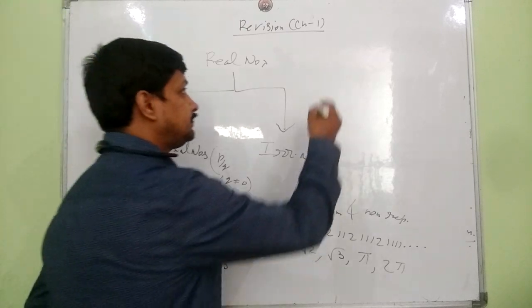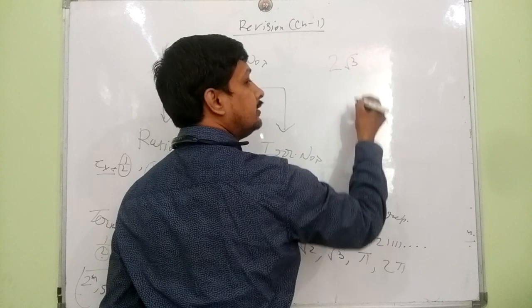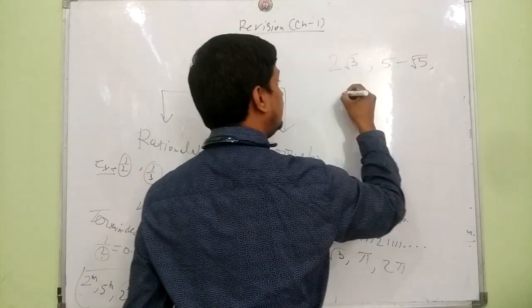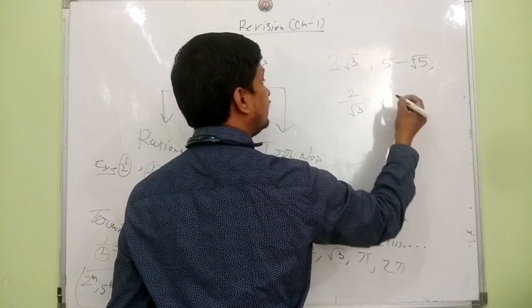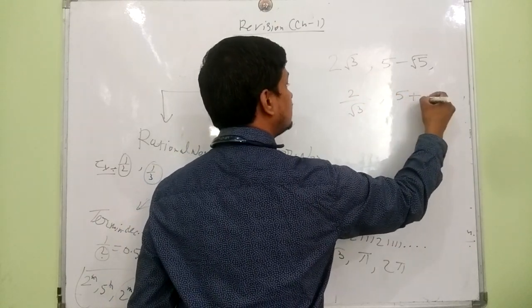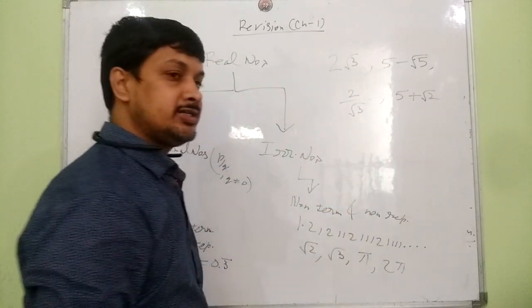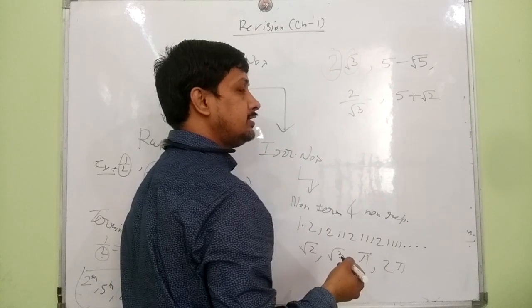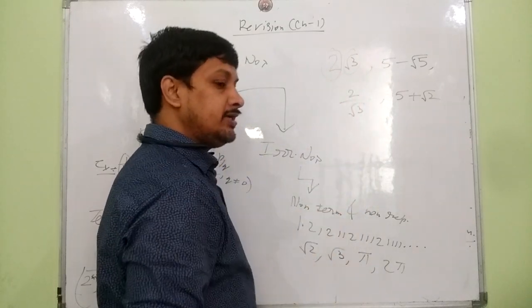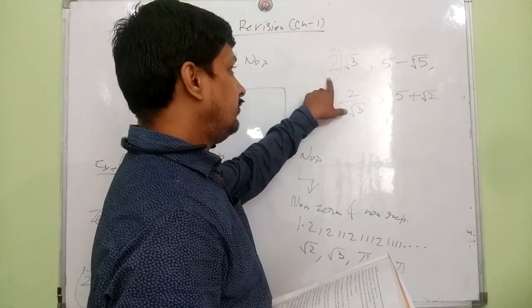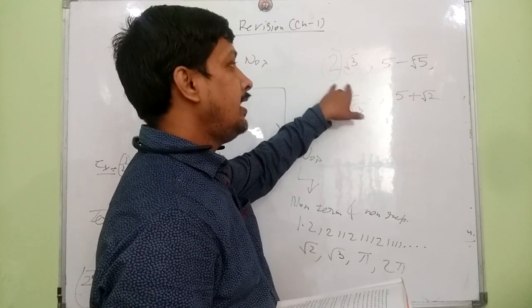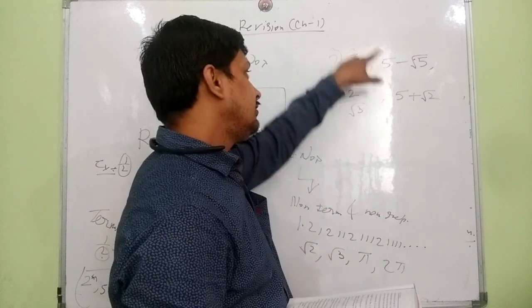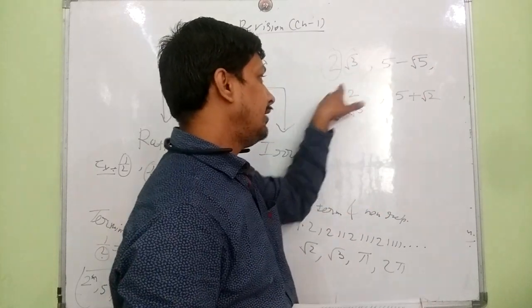Now one more thing: 2 root 3, 5 minus root 5, 2 upon root 3, 5 plus root 3. Which types of numbers are these, rational or irrational? Because 2 is rational and root 3 is irrational. Obviously, when we multiply a rational number with an irrational number, or add, subtract, divide, any of the operations, the resulting number will be irrational.